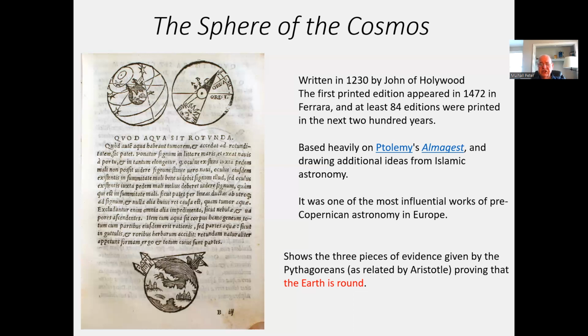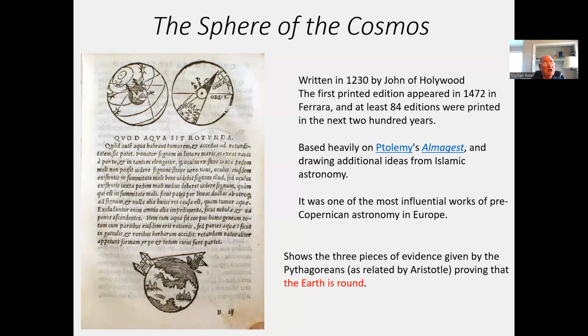And these are the three examples. The one at the bottom is probably the easiest, right? Looking at the horizon, the ship sails away, it seems to sink into the ocean because of the curvature of the Earth. Here's another relatively simple one. This is the lunar eclipse, where the Earth gets in the way of the sun and casts a shadow on the moon.